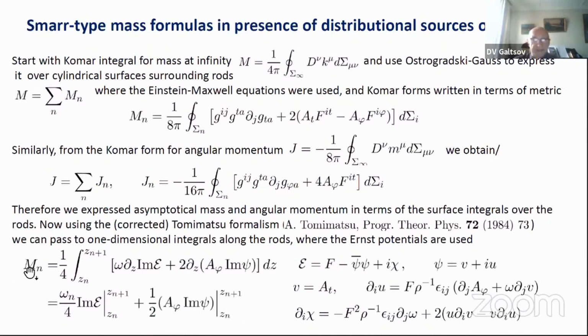This algebraic relation is nothing but the analog of the Smarr relation, but only for one component of the full solution, which may consist of many black holes. So if you have only one, it of course reproduces, for instance, Reissner-Nordström, because there is a charge here. But now it is more than that, because it is the individual contribution of each component.